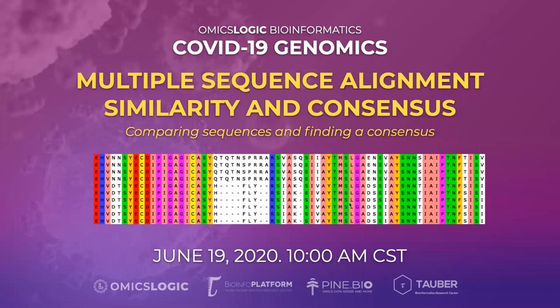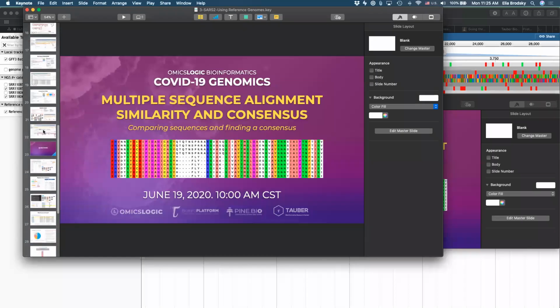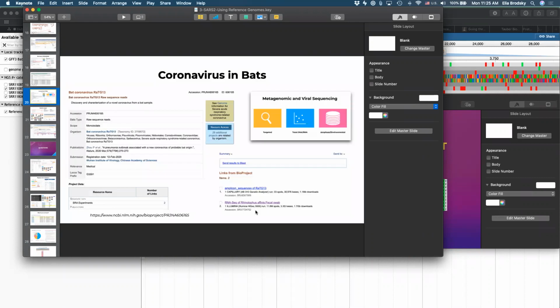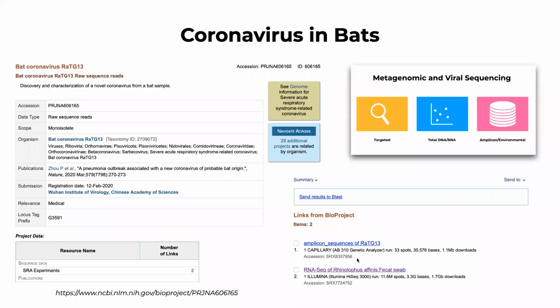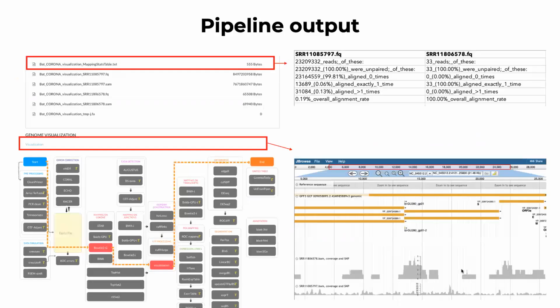Again, just like we did last time, I'm going to ask you to try and replicate the analysis that we did today. To do that analysis, you are going to need the two samples, so we have these two samples. You need the reference genome, you need the GFF file, and then you'll need to generate the same example visualization like we did last time.